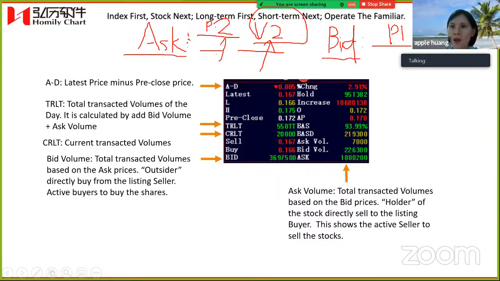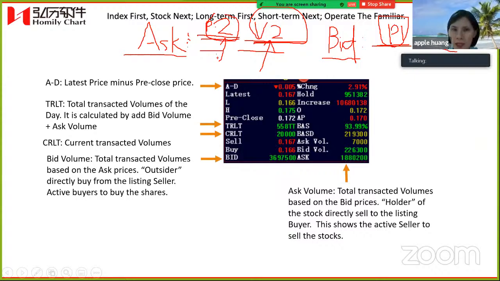The bid is the amount of volume waiting to buy at this price. The ask is how many volumes are waiting to sell at this price.